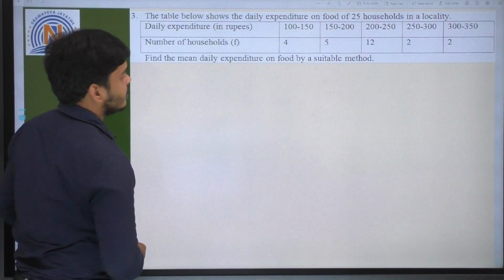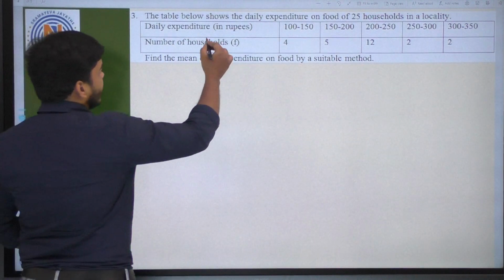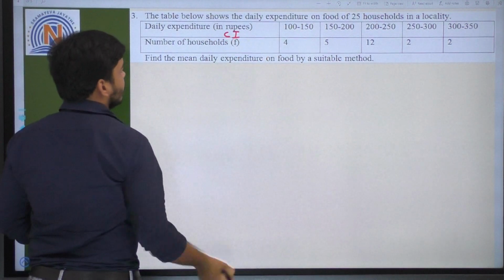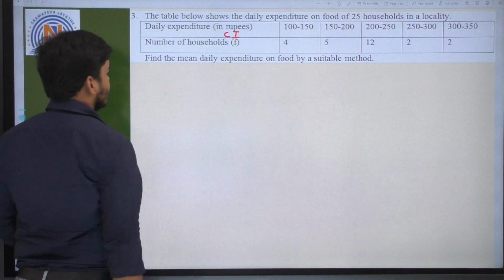So in total, 25 householders are there. The daily expenditure I am taking as the class interval, Ci, and the number of householders as the frequency.